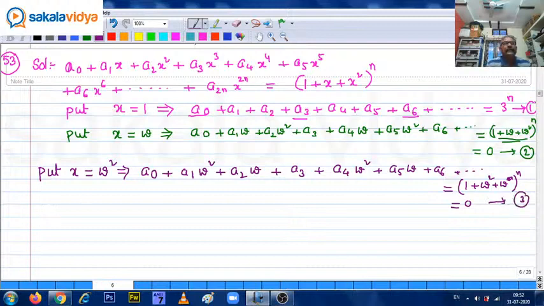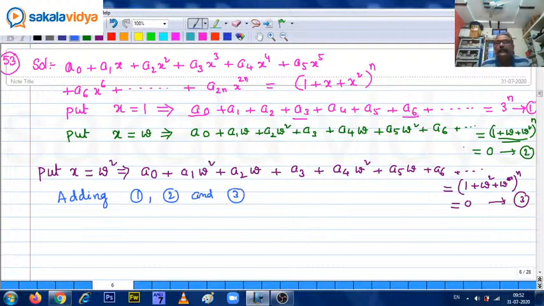Now adding equations 1, 2 and 3, see what do you get. Let me explain.